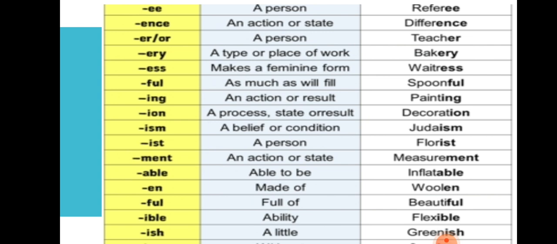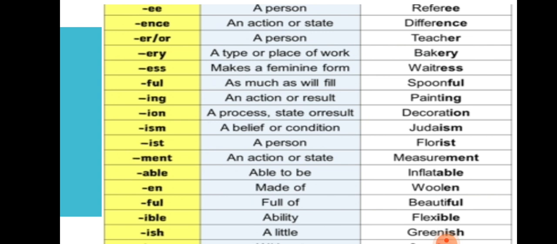So EE refers to a person, ENCE action or state, ER or OR refers to a person, ERY refers to a type or a place of work, ESS refers to a feminine form, FUL means it is filled, ING is related to action or result, ION is related to a process, ISM is related to a belief or condition, IST is related to a person, and MENT is related to an action or state.